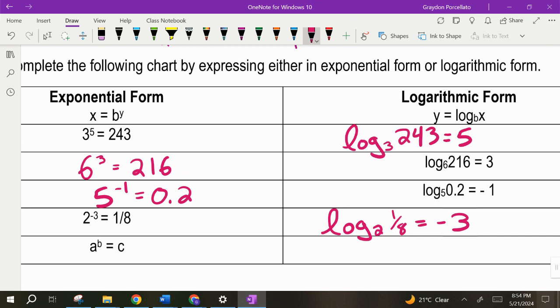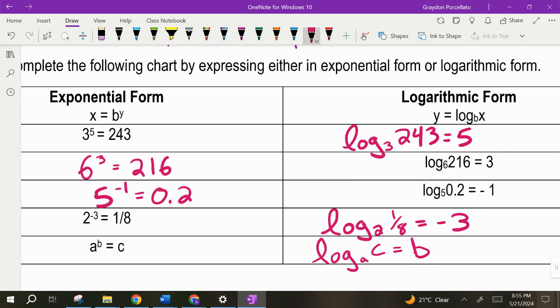And lastly, here we have our general form, a to the power of b equals c. Now, this is a little bit different from the way I typically write it, but going with these variables, it's going to be the log base a of c equals b. A to the power of what is equal to c?